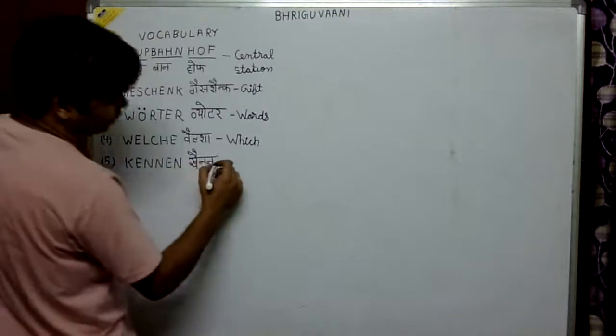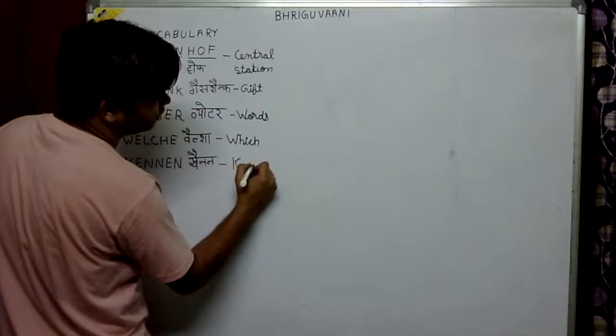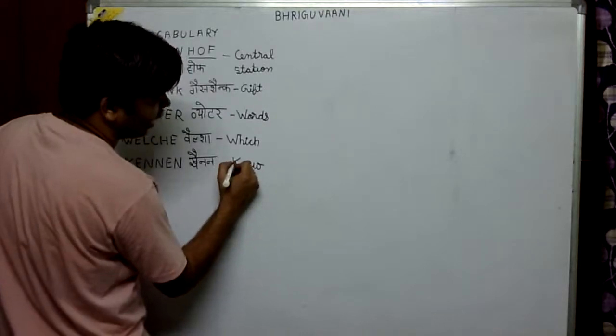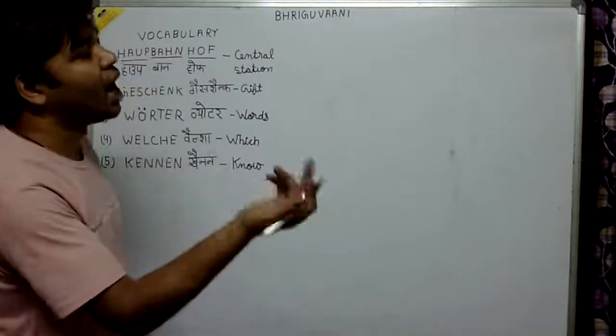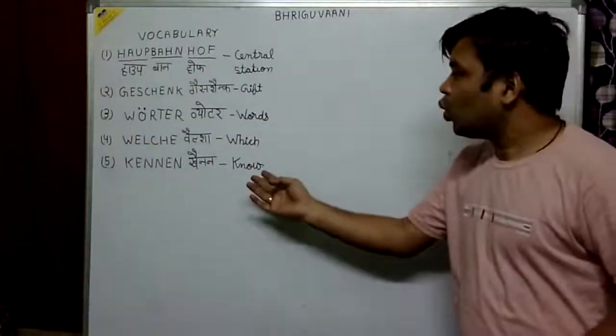What does this kann mean? This kann means know, as in janiye. Okay? This means janiye. Know. Kann.